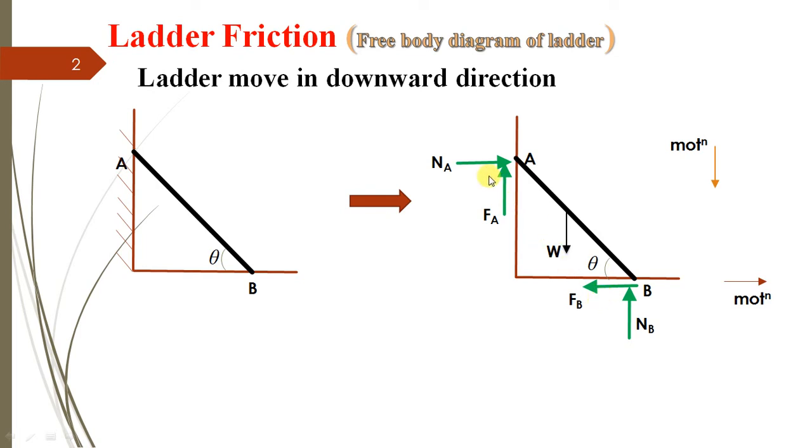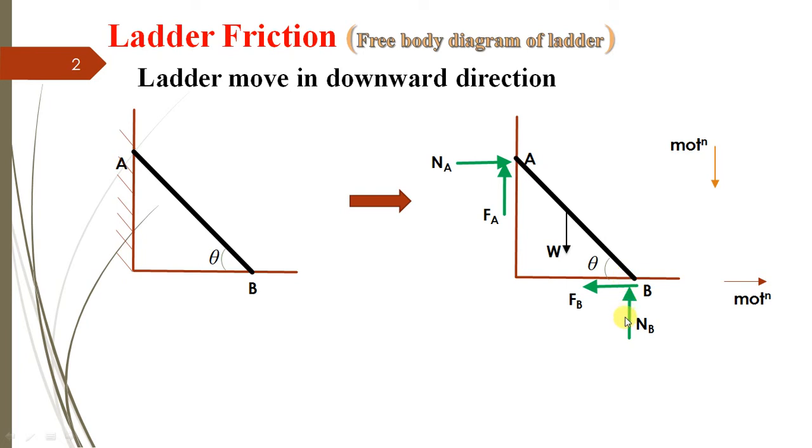Along with that, as it stands against the vertical wall, the wall must apply a normal reaction to this ladder. The angle made by the normal reaction with respect to the vertical wall is always 90 degrees, or it is always perpendicular.